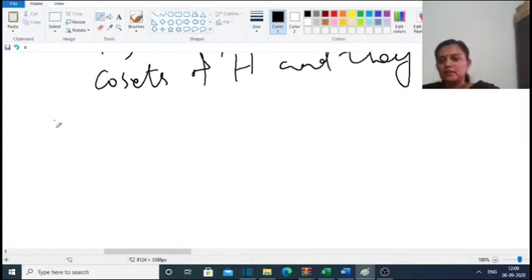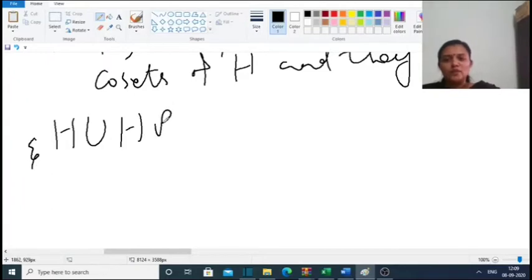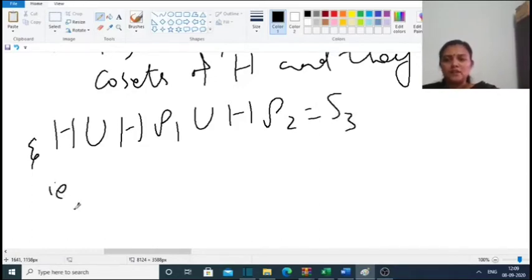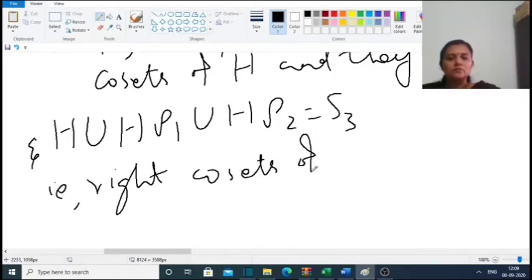And H union H rho 1 union H rho 2 is equal to S3, that is, the right cosets of H partition S3.